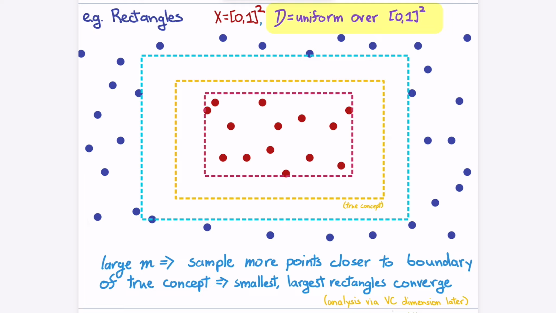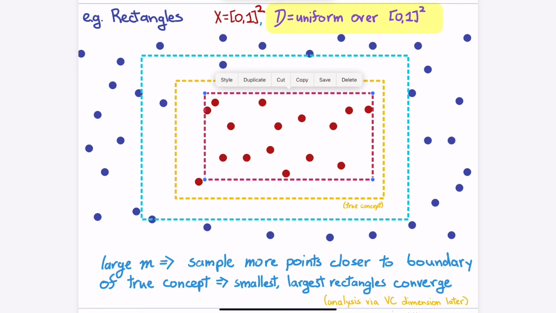Okay, good. So let's say the distribution was uniform over some space in this 0, 1 square. Then as you sample more and more points, you're hoping it'll take you closer and closer to the true concept class.